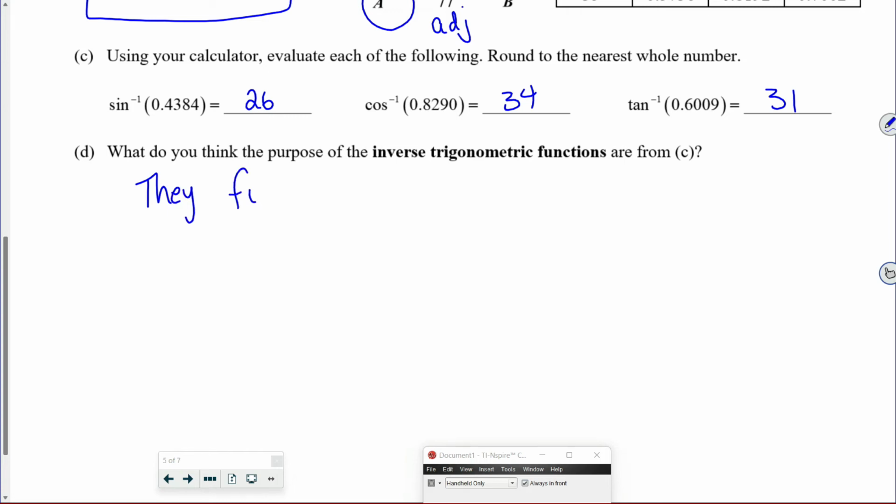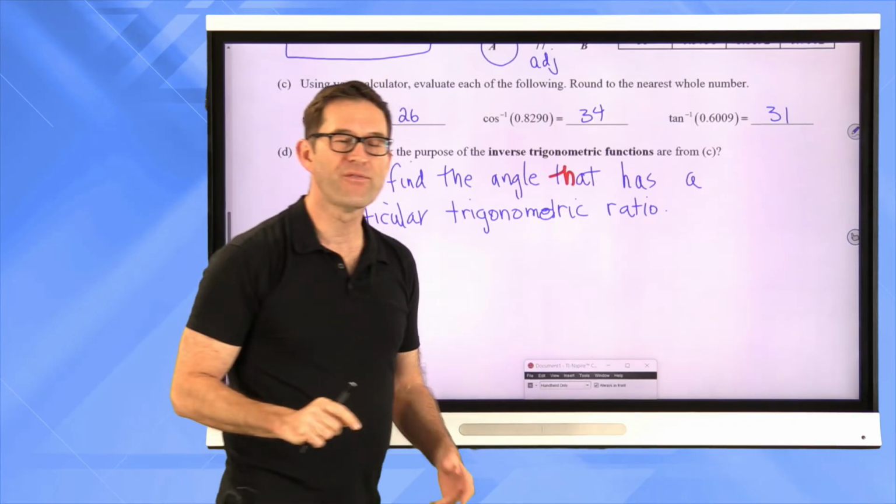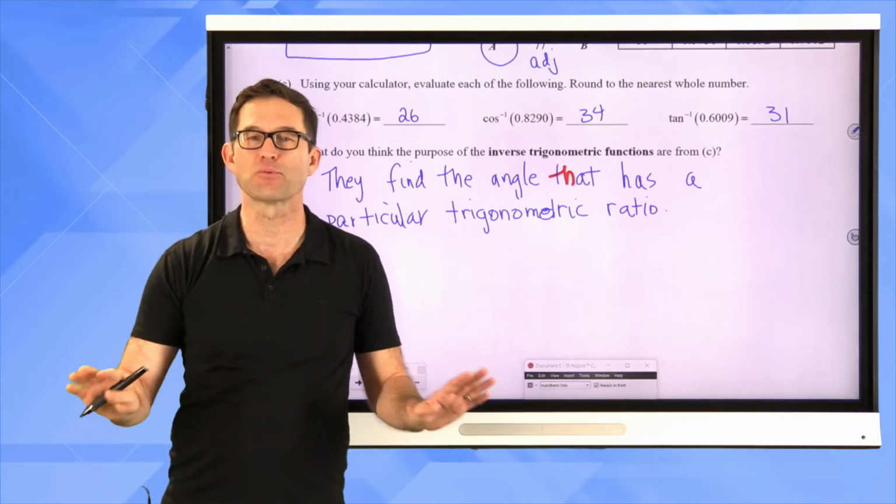They find the angle that has a particular trigonometric ratio. And that will make finding angles in right triangles whose side lengths are known exceptionally easy.